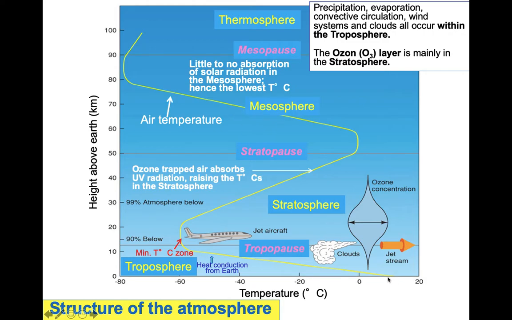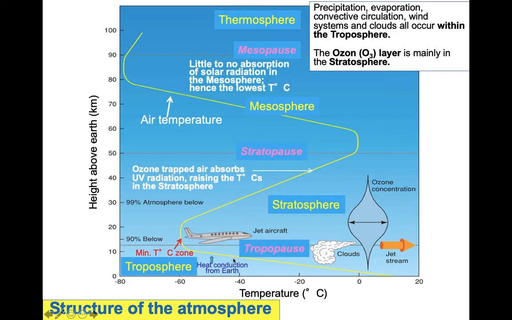So you realize that the troposphere has very high temperatures close to the Earth's surface, but then those temperatures plunge significantly down to nearly minus 60 degrees Celsius as you cross the boundary into the stratosphere. And then after this hairpin turn, the atmosphere warms up again within the stratosphere.